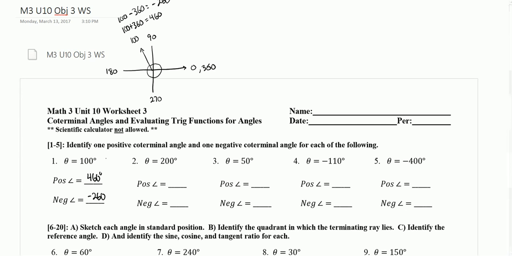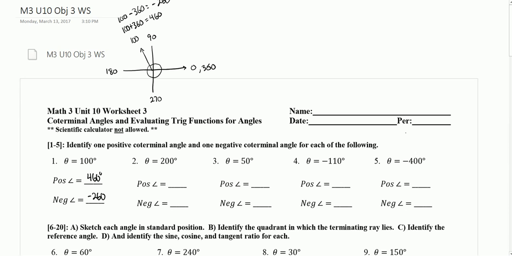Let's take a look at number 5 as well. Number 5, we're pointed at negative 400 degrees. If I add 360 or subtract 360 to negative 400, I'm going to get another coterminal angle. We're pretty far negative though, so let's shoot for a positive coterminal angle.